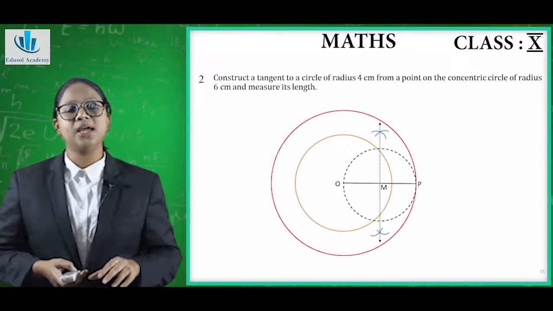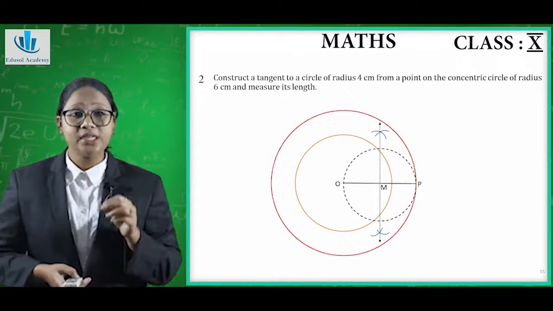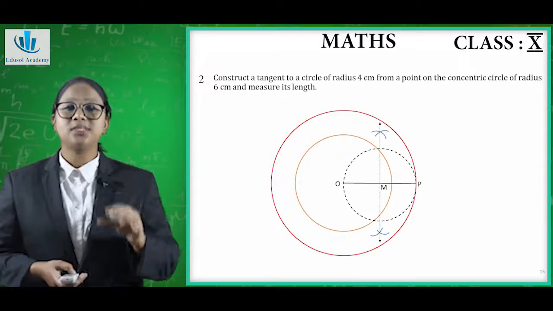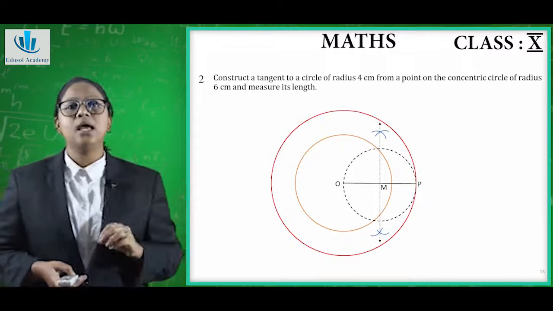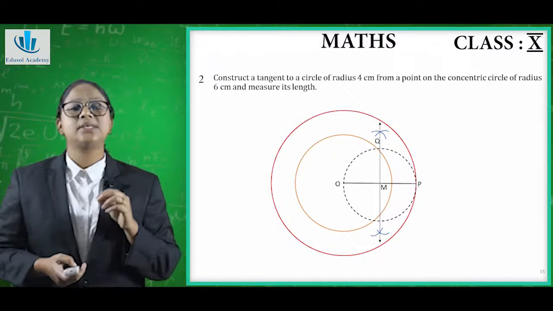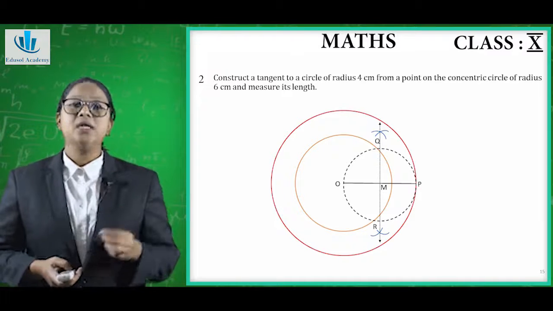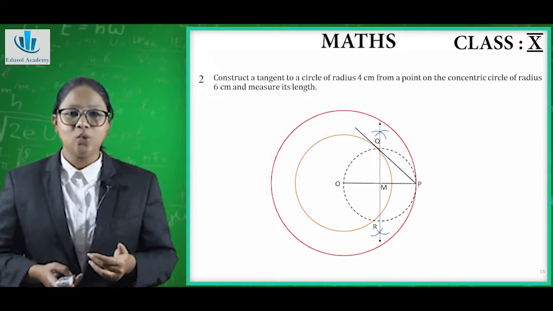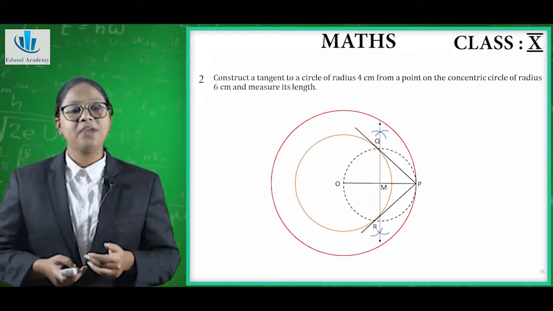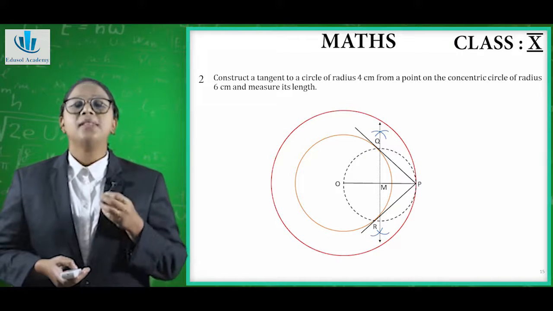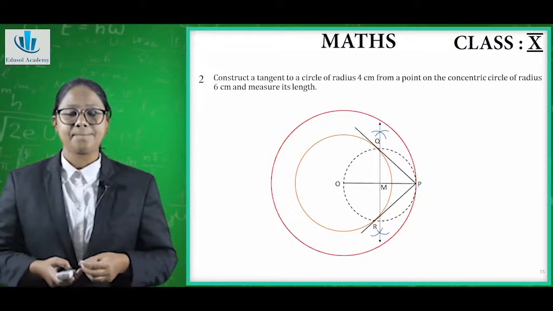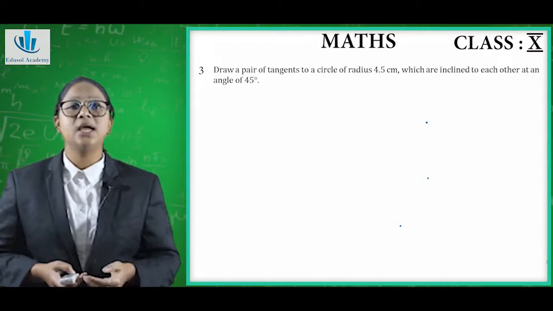You can use dotted line again, and the point of contact of the new circle with the inner circle, we can name those points as Q and R. Now you may join PQ and PR. So PQ and PR are the required tangents. Moving on to the next.